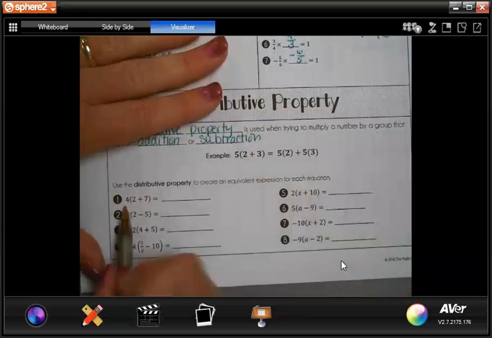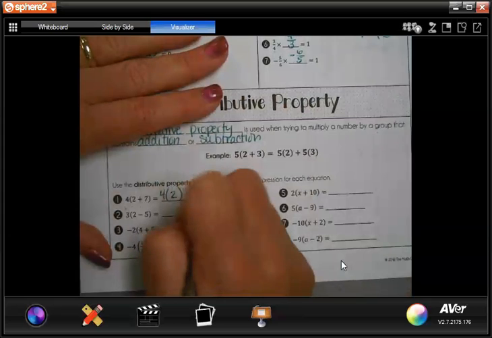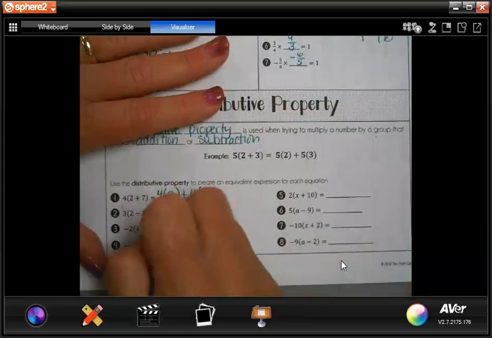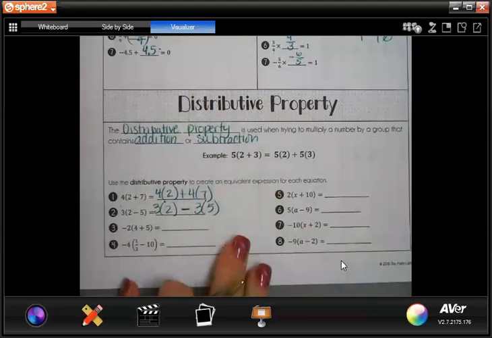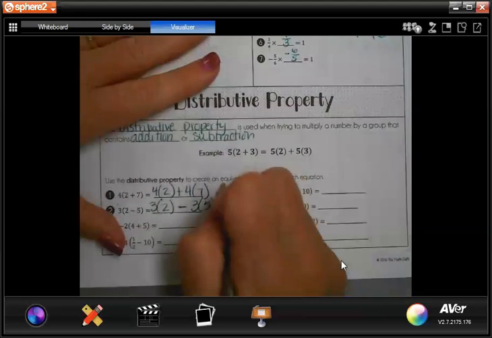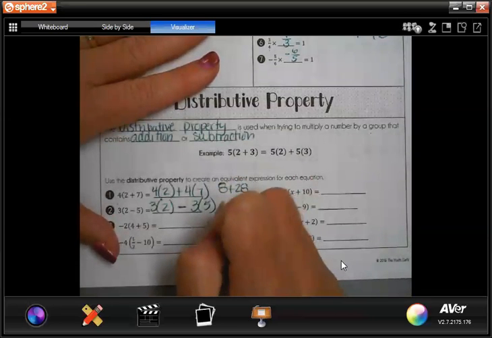So if you look at this, this would be 4 times 2 plus 4 times 7. This would be 3 times 2 minus 3 times 5. Now notice I'm not simplifying these all down, okay? I could make this 8 plus 28. I could make this 6 minus 15.